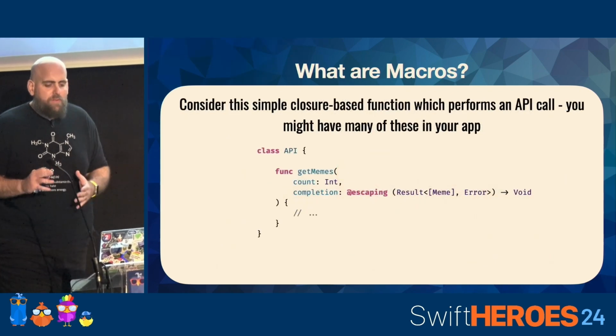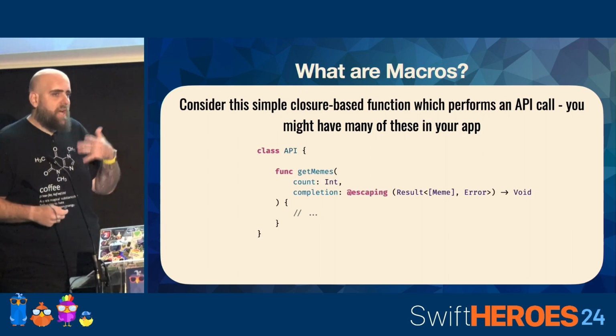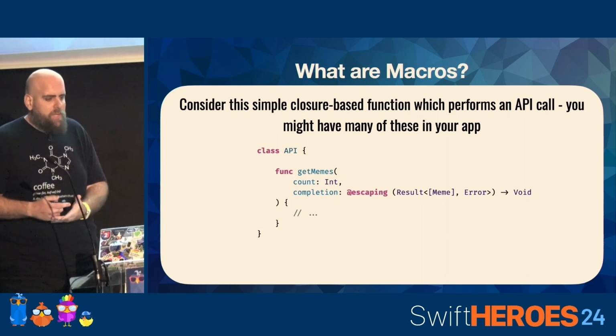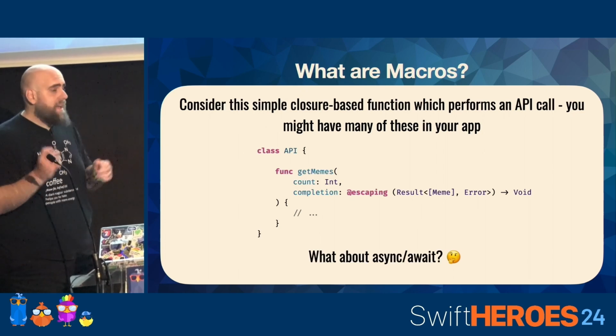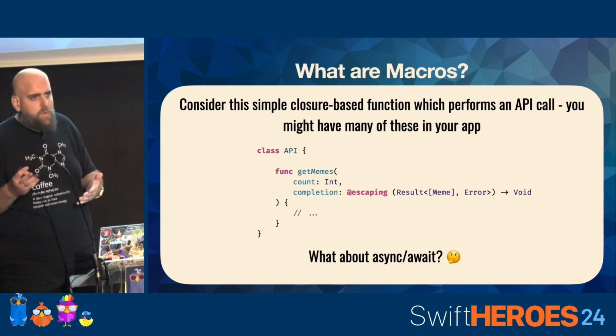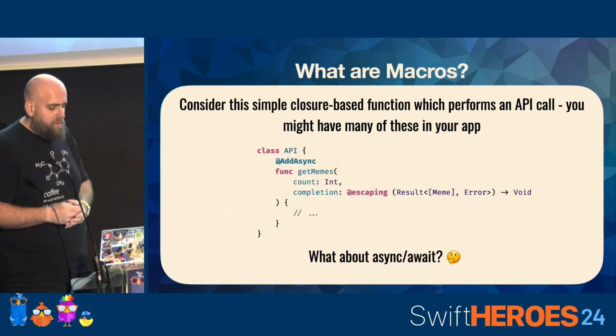Let's look at a very simple example of how this works. All of us have these kinds of functions which have a completion handler. But what about async await? Will we go over all of our code and add overloads that are async throws, for example? Instead, we can write an add async macro.